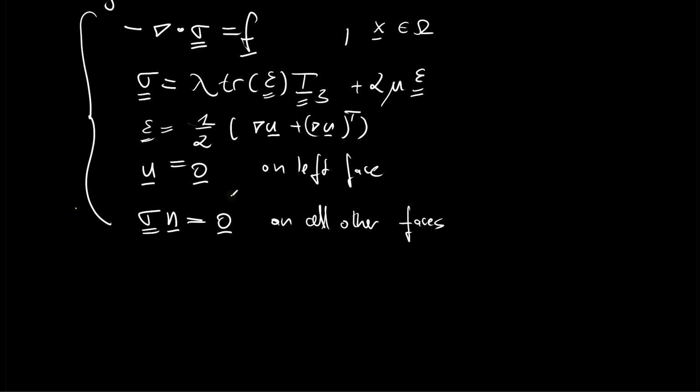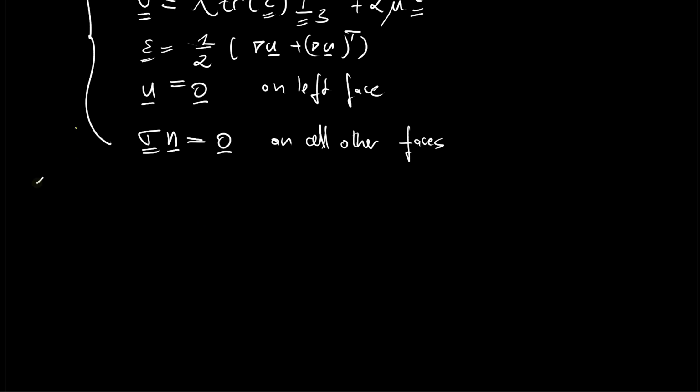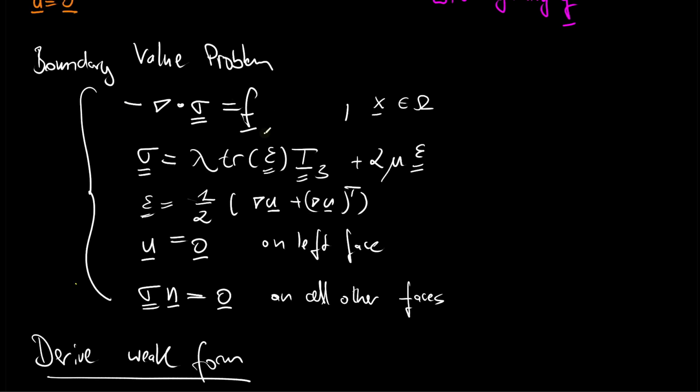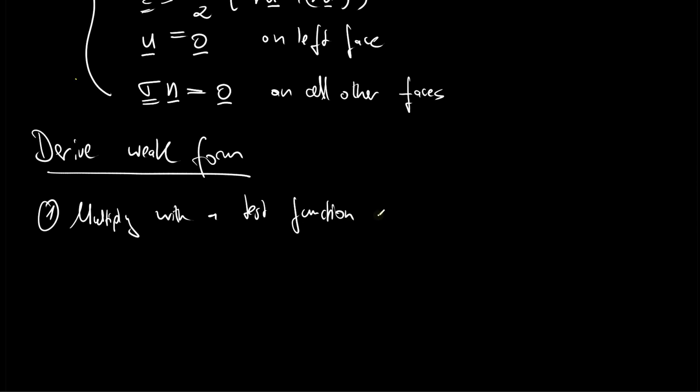Well, then let's use the boundary value problem in order to derive the weak form. So the next step will be to derive the weak form. And the first step in our derivation is to multiply with a test function. So we're going to multiply the PDE, so the main part of our boundary value problem, with a test function.